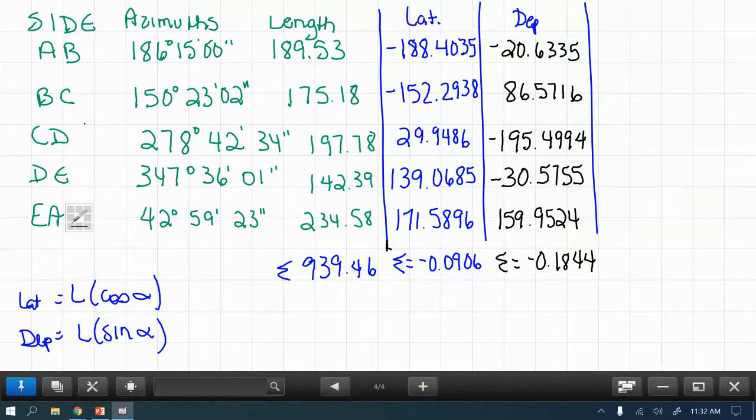So I'm going to look at page 245, and I want to solve linear misclosure and relative precision. So it's on your chart, kind of at the bottom, formulas. So I'm going to do linear misclosure.